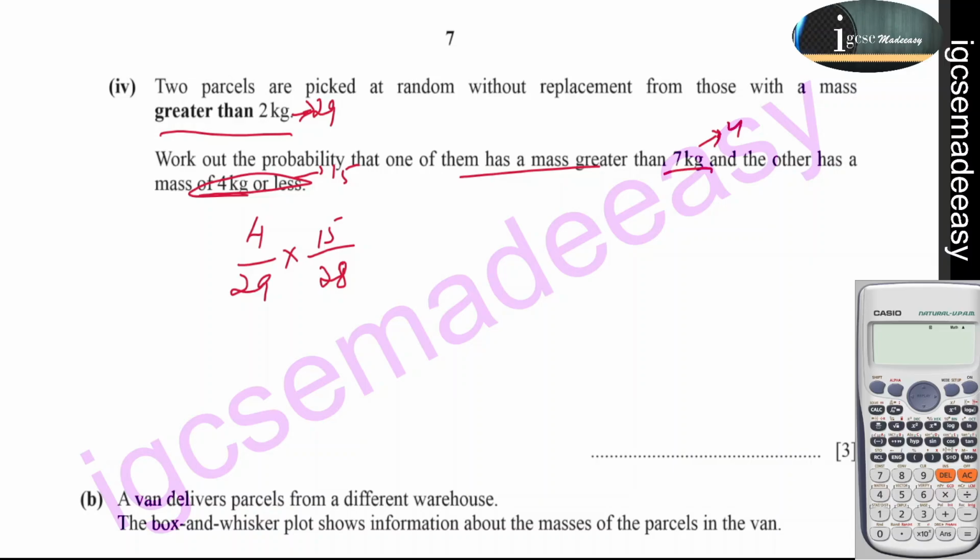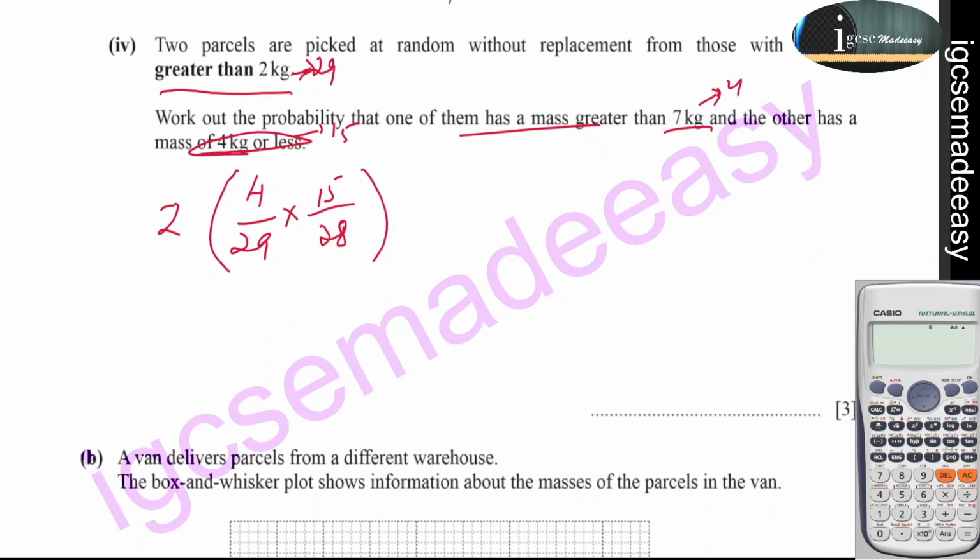We are not told which is first and which is second. They have said one of them, so we can have two cases: either take the 4 first and the 15 second, or the 15 first and the 4 second. So we just multiply by 2.